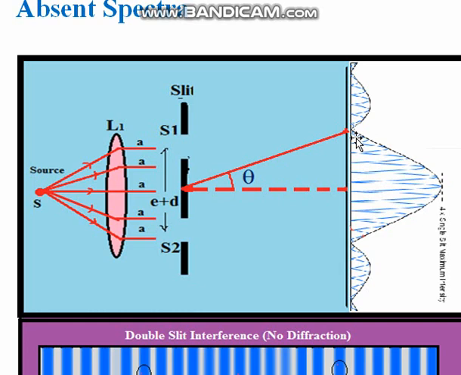So when these two conditions are simultaneously satisfied for a particular value of theta, then what will happen? The interference maxima will be found missing at that particular point.